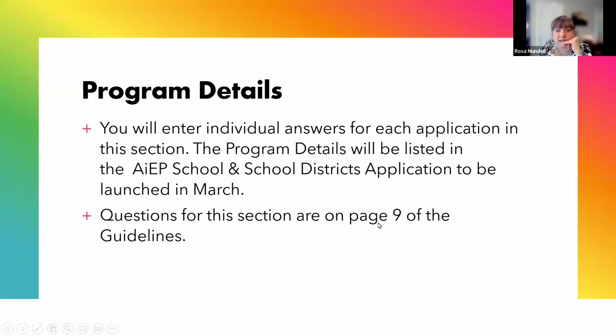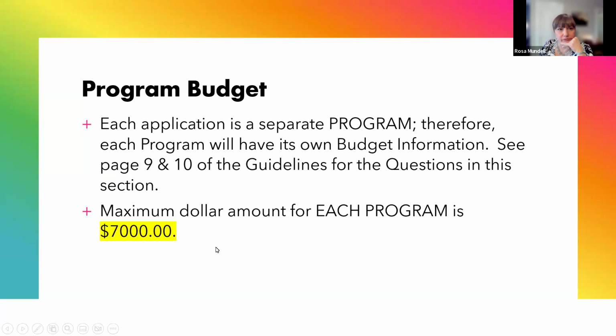In the guidelines on page 9, there are details on what we're looking for in each of these questions. So if you refer to the guidelines, you'll be able to get more of an explanation of what we're looking for. For the program budget, this is another major change.